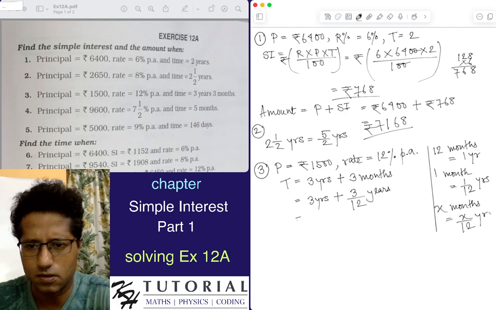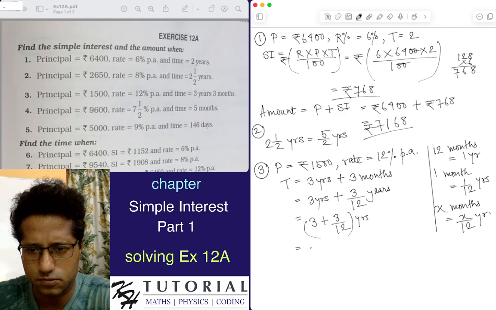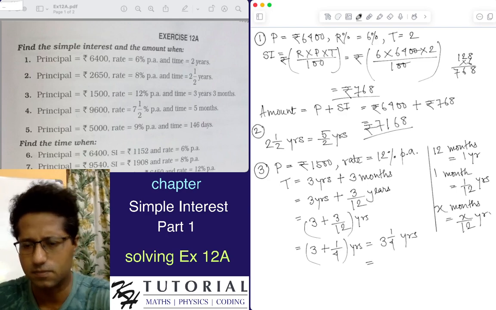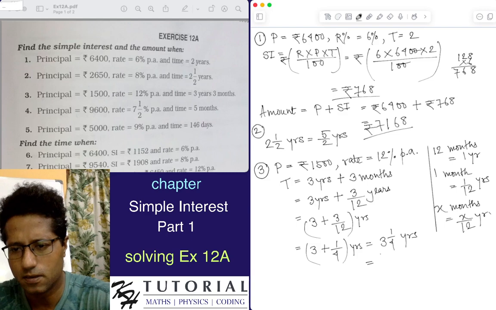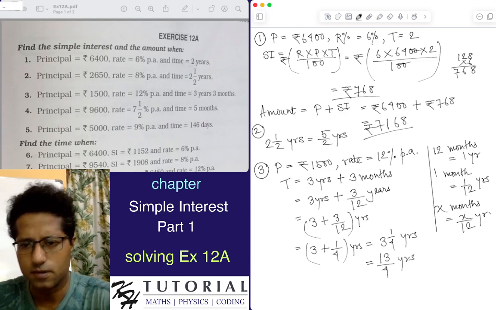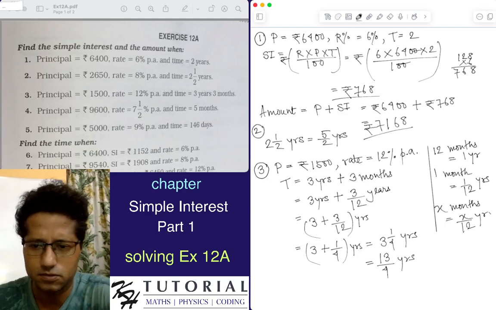Now we can say 3 plus 3 by 12 years. 3 by 12 means 1 by 4 years. This is basically 3 and 1 by 4 years. Converting this mixed fraction into an improper fraction, this will be 13 by 4 years. So the final value of t will be 13 by 4.